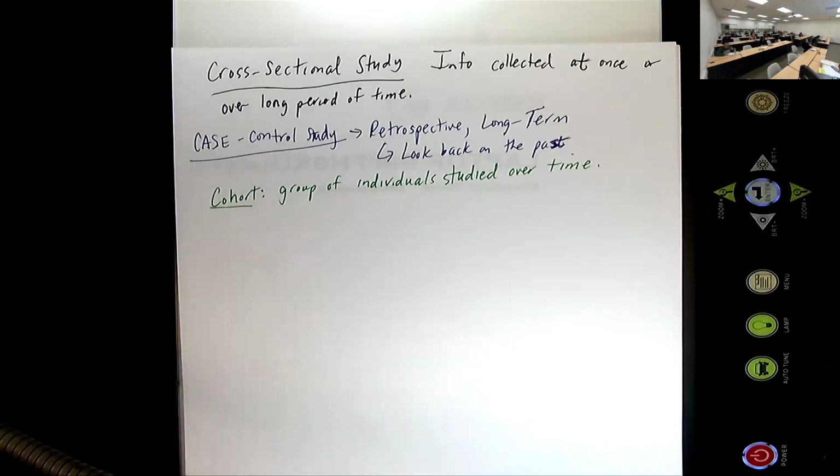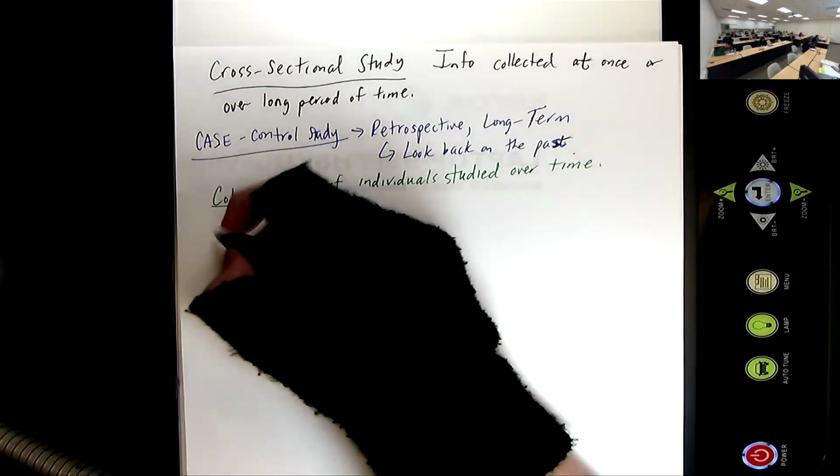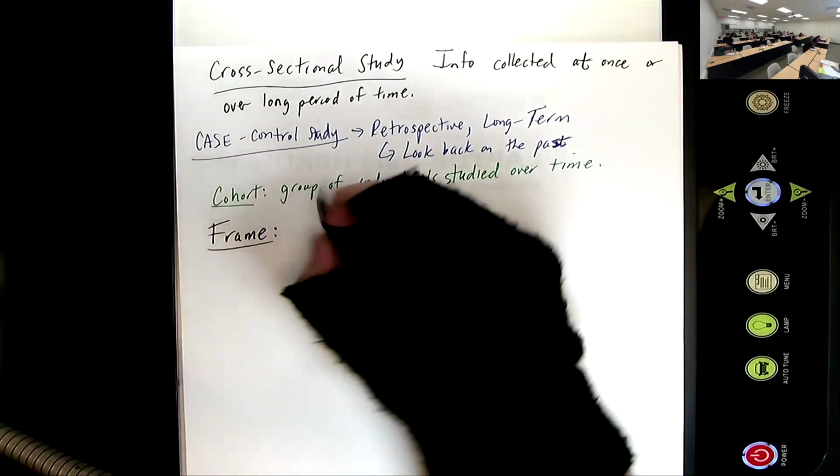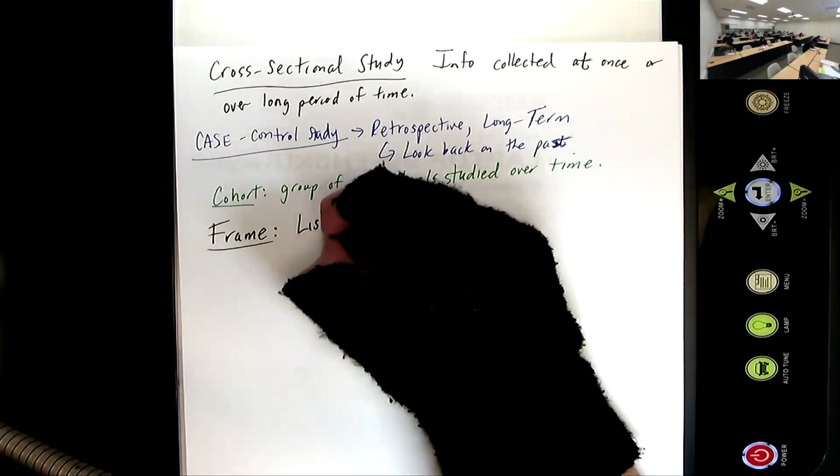Two more terms for you. A frame. Not like a picture frame. A frame is a list of individuals in a population.